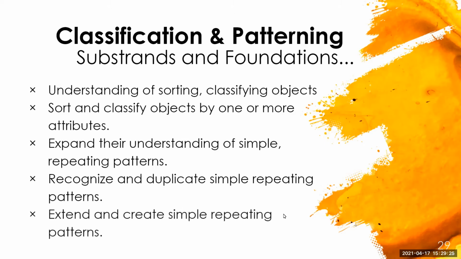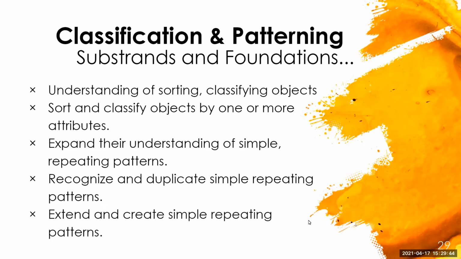And then they continue to extend and create simple repeating patterns. We see this in children's play quite often as they sort objects or put things back in different ways, or also creating patterns.